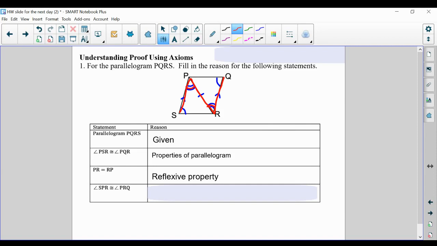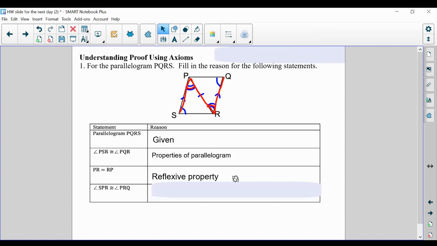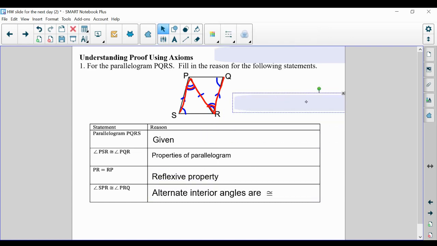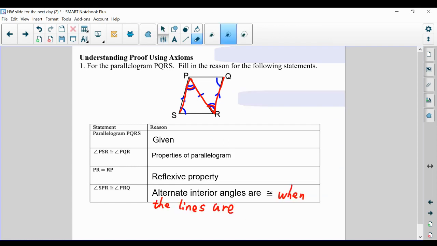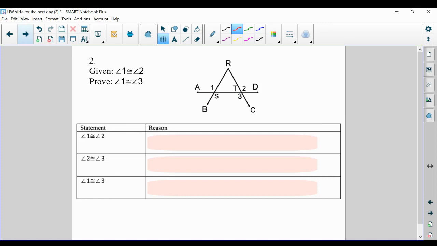And every time you see something like a Z angle, they are alternate interior angles. So alternate interior angles are congruent when the two lines are parallel. Okay? So now let's begin with a real proof.